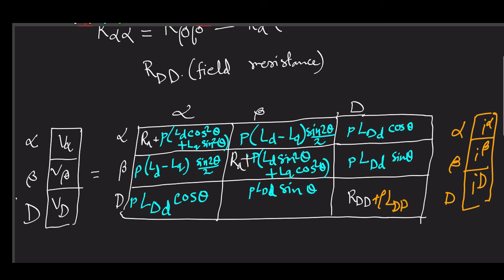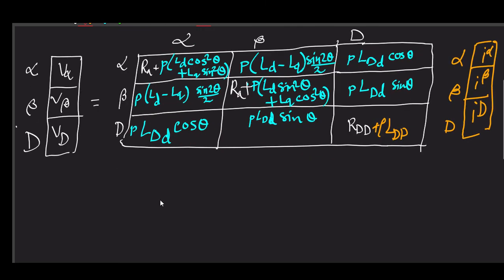Now we will see how our transformation can help us. One interesting thing is that previously our two armature windings were in quadrature.